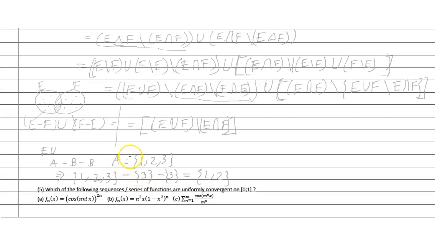So this value is equal to A minus B. So I can write E intersection F. Now friends, again, whatever you see, E minus F minus E minus F equals E union F minus E intersection F.